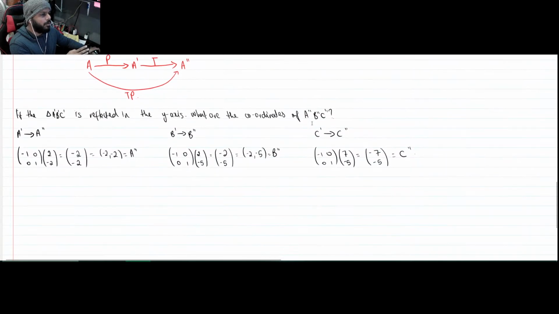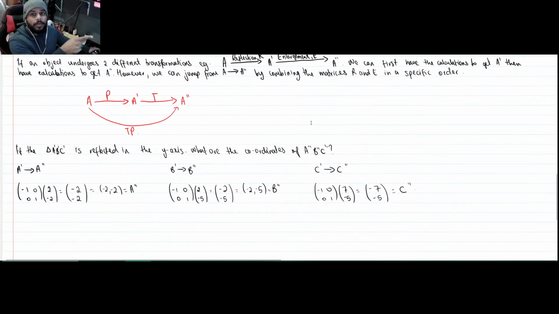Now, the red writing here tells me I can go straight from A to A double prime by combining the two matrices, T followed by P. Now, if you realize, my second transformation is written first in my matrix multiplication, and my first transformation is written second in my matrix multiplication.